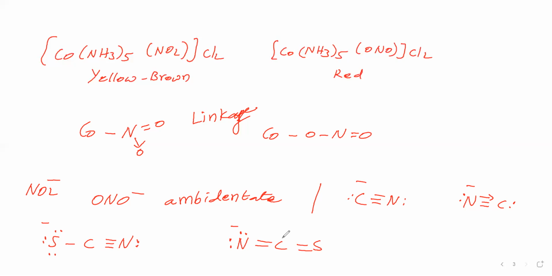Before going to geometrical isomers, let us see valence bond theory, how it explains the geometry of complexes. After discussing this, we will go for this geometrical isomerism. Okay.